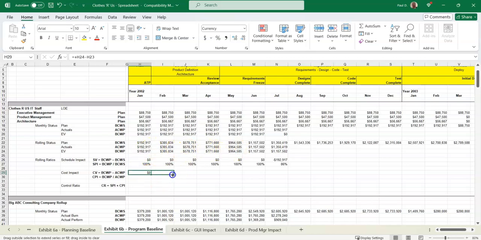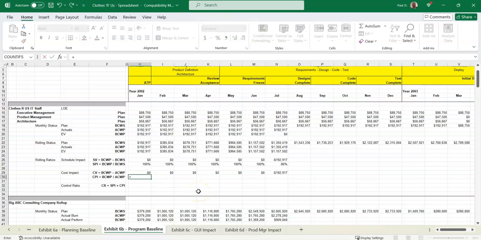They are basically running the correct plan with the correct people in the program, so the actuals are equaling the salaries of the employees. I drag that across, and then I do the same thing for CPI. I take cost performance index, earned value divided by actuals, BCWP divided by ACWP, and it says $1 because it's a 1.0 ratio.